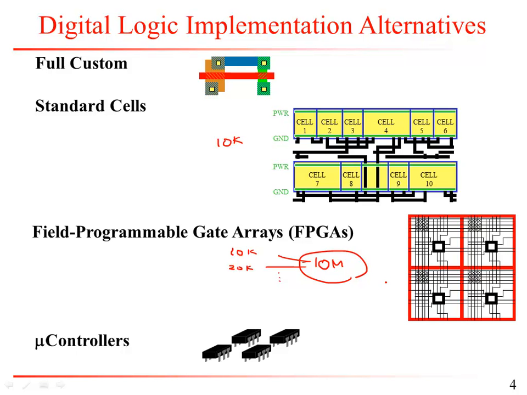Now, traditionally FPGAs have been used for rapid prototyping. So if you're Intel and you want to simulate your next generation processor, you can basically buy a rack of FPGA boards.